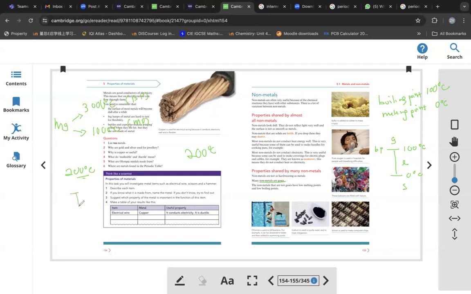I always use this table. I put 3000 on top and 1000 here, and then this is gas, liquid, solid. Then I see where my 200 is. If 200 is below here, then it is definitely solid. This one they like to ask from the previous topic, chapter 2, maybe one or two questions.